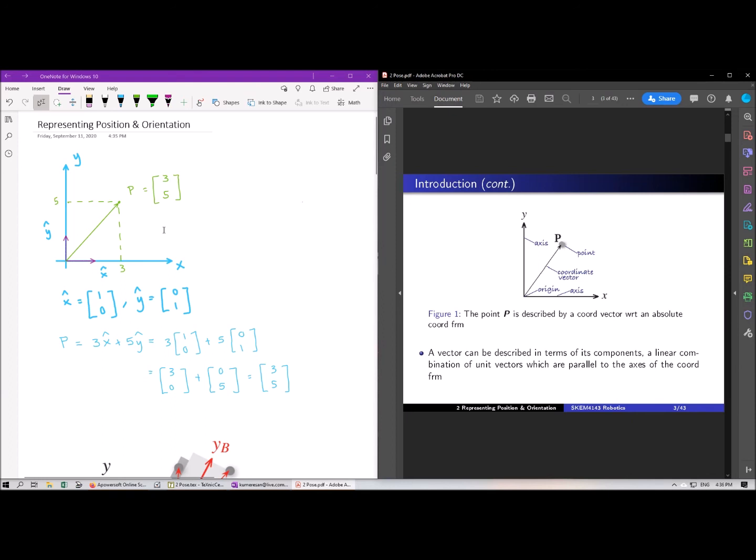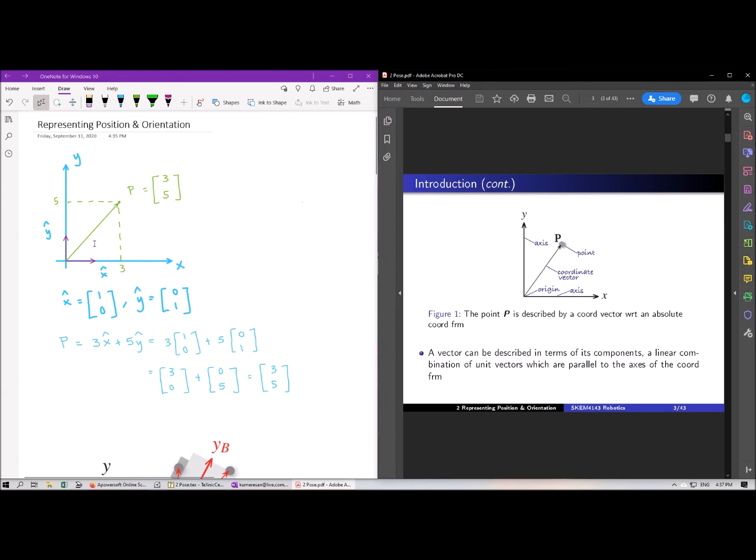But what really happens is that we are actually representing P as a linear combination of unit vectors. There's a unit vector here, x hat, the length is 1, and another unit vector here, y hat, again the length is 1. x hat is really (1, 0) because it does not have a y component, and y hat is (0, 1), right?